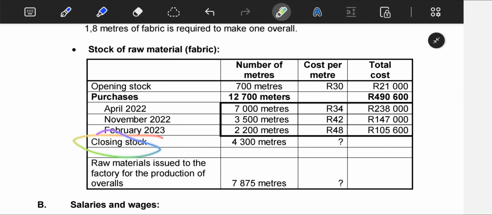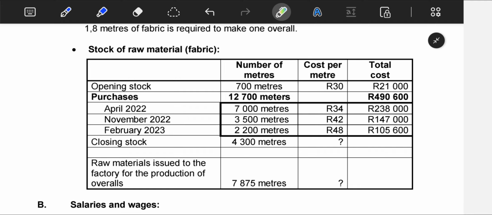This is our closing stock here. This is the value of our closing stock. No. The number of meters. So we want to know the value. Our raw material is fabric, which is measured in meters. So now we want to know what is the value of this 4,300 meters in monetary terms.